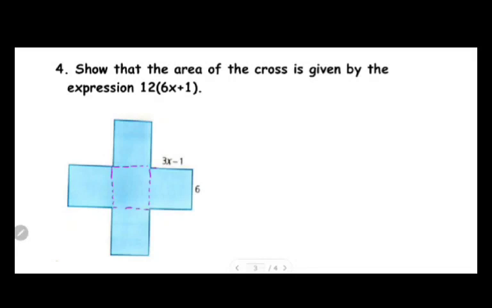Okay, so this part is 3x minus 1 and this part is 6. This will again be 3x minus 1 and this part will again be 6. Now assuming that this is a rectangle, what is the formula for the area of a rectangle?